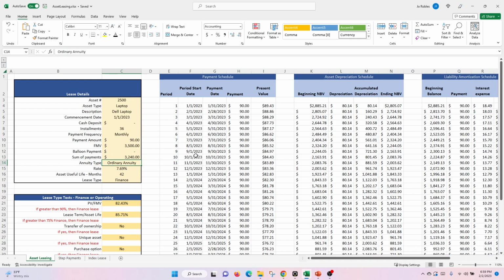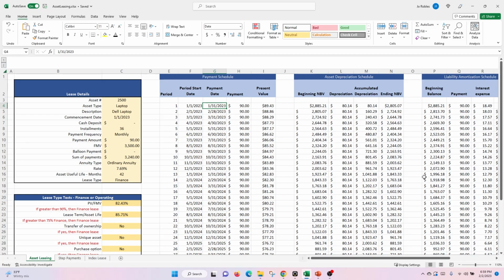Then in the annuity type, we see that this is an ordinary annuity. What this means is that the payment is due in arrears, or at the end of the period. So, for example, where the period start date is January 1st of 2023, the payment date is not going to be due until January 31st of 2023.